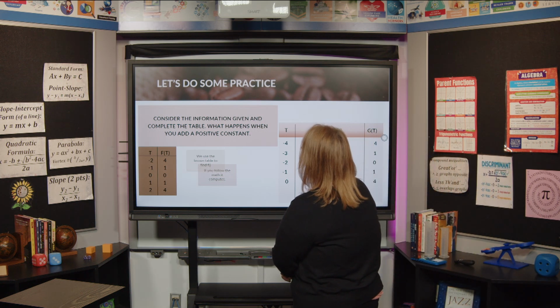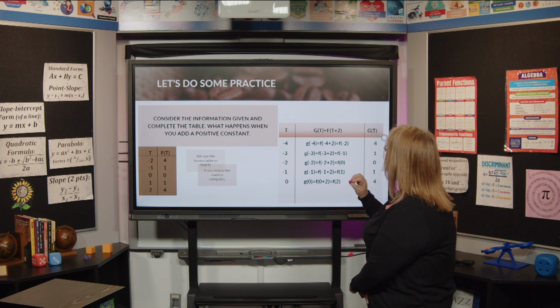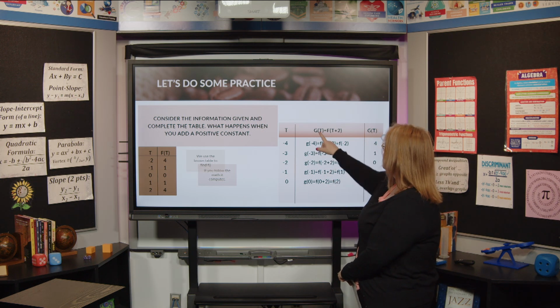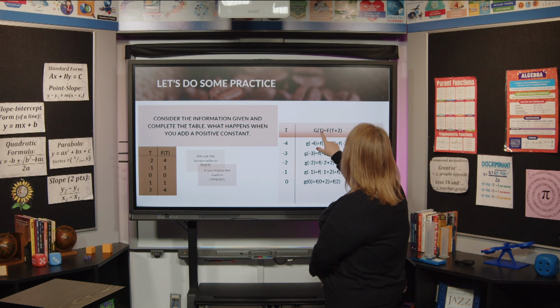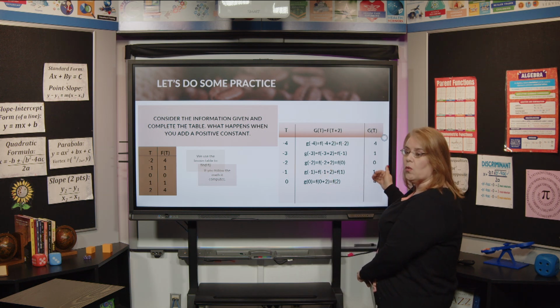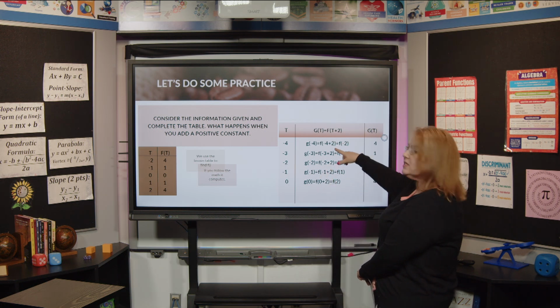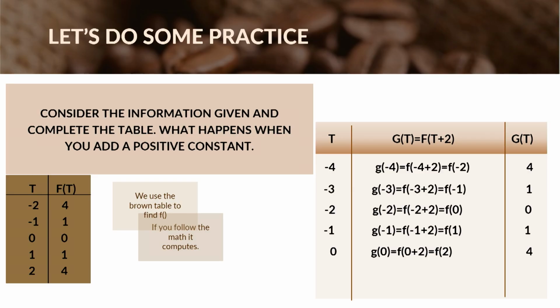My t, or my x values, are -4. I am looking for my new y value, which would be g of t. So when I have g of t equals f of t plus 2, that's where I'm going to get my new y value. Let's look at this math closely. g of -4 equals f of -4 plus 2, which equals f of -2.